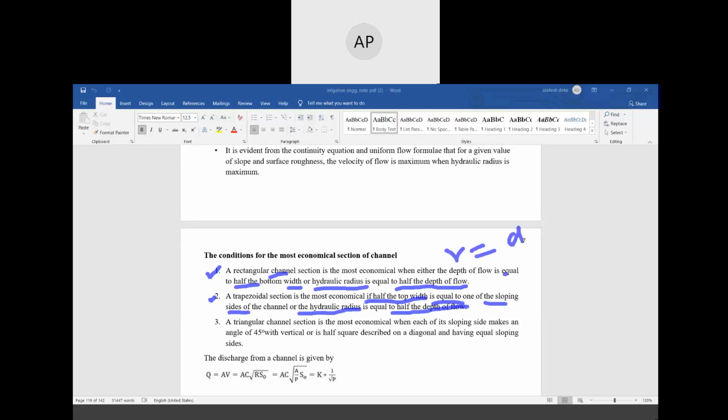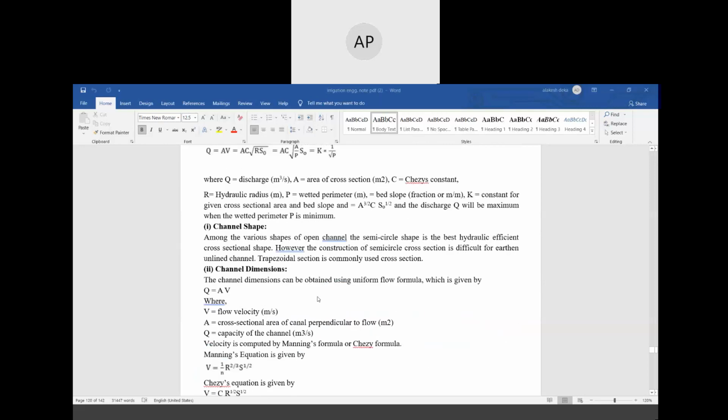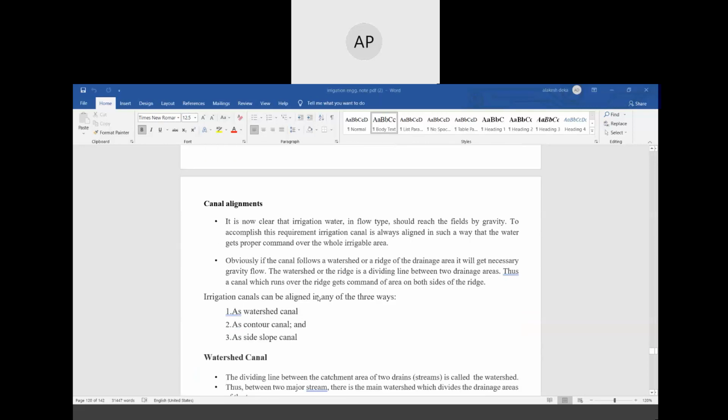If R equals d by 2, then the trapezoidal section is said to be economical. Next, a triangular section is most economical when each of its sloping sides makes an angle of 45 degrees with the vertical. And Chezy's equation you already know, Q equal to AV, and Manning's equation says this equation.